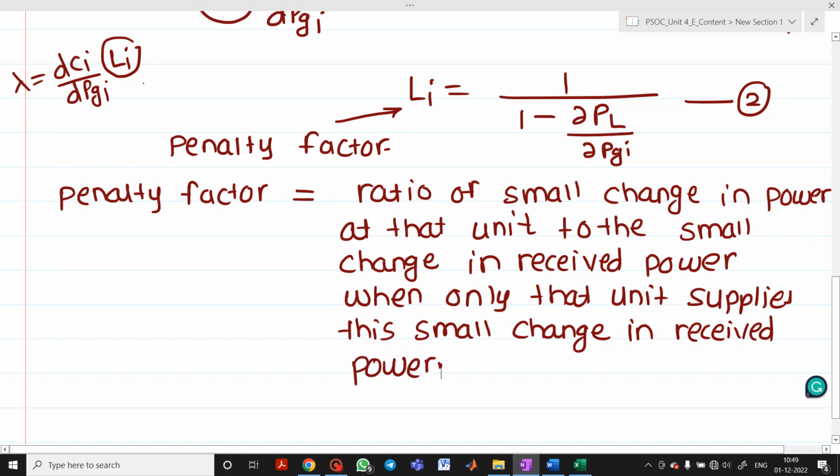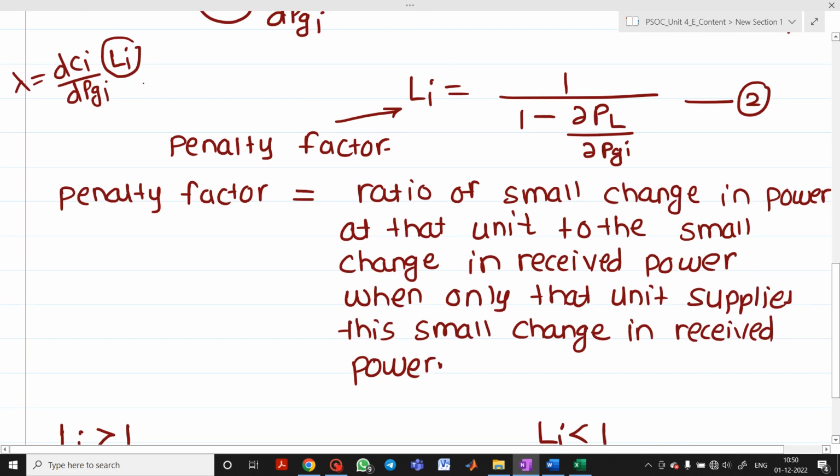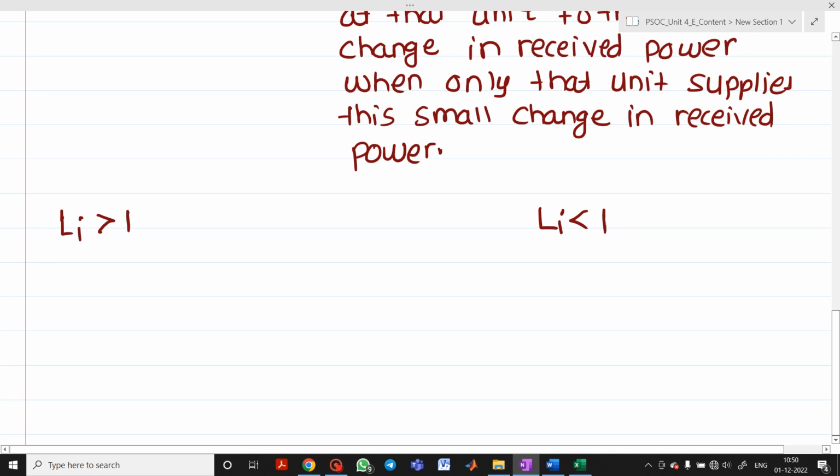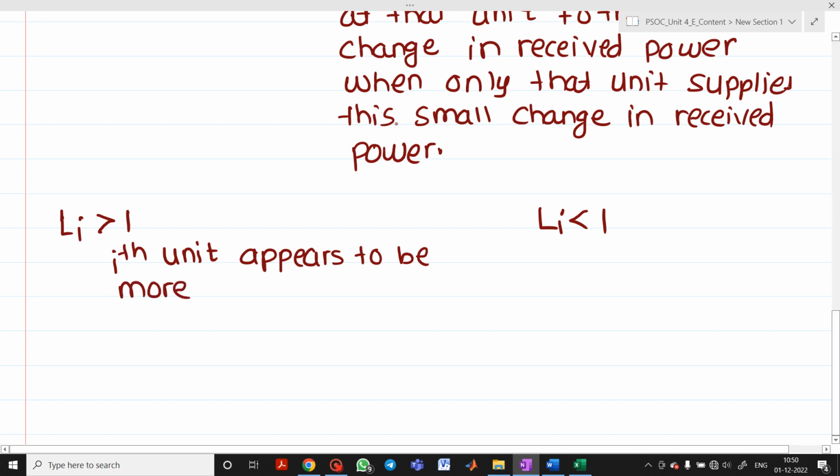Now you will ask me, sir, what is the significance of this Li? So let me tell you the significance of Li. There are two cases: Li greater than 1 and Li less than 1. When Li is greater than 1, the meaning is that the ith unit appears to be more expensive.